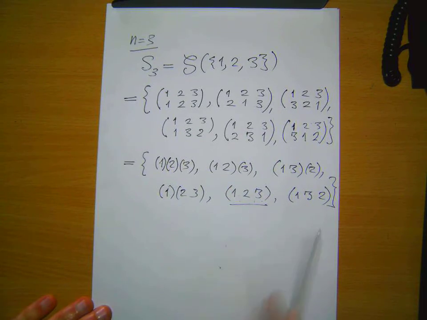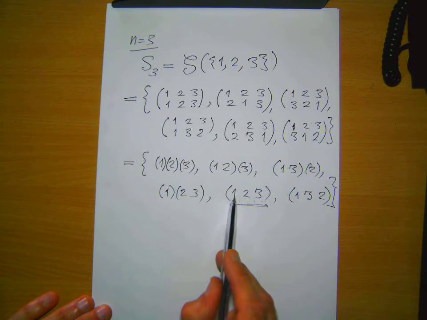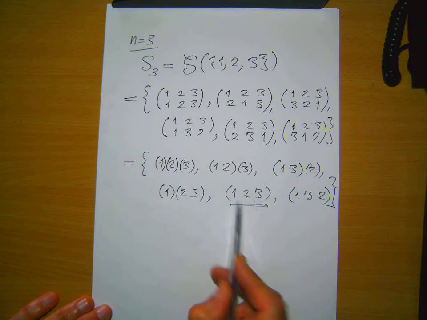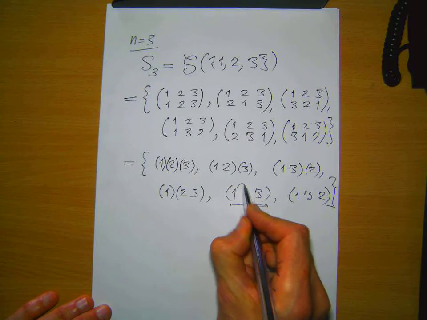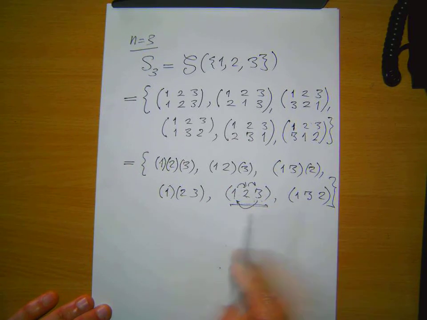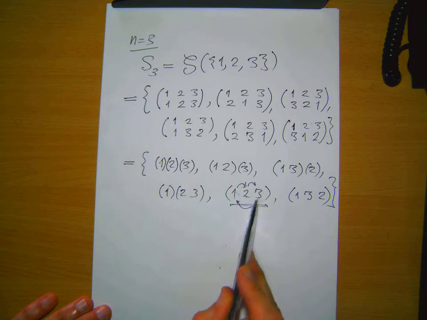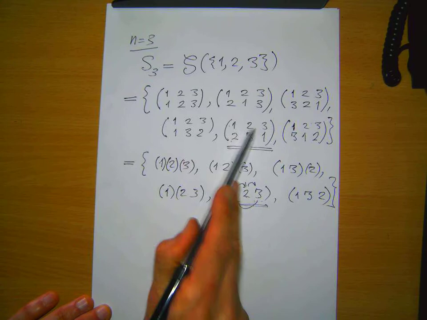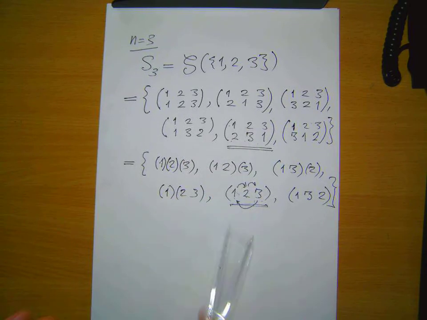What this notation means is 1 goes to 2, 2 goes to 3, and then 3 goes to 1. So there's a cyclic thing going on here, which is precisely that permutation. So we're using less ink.